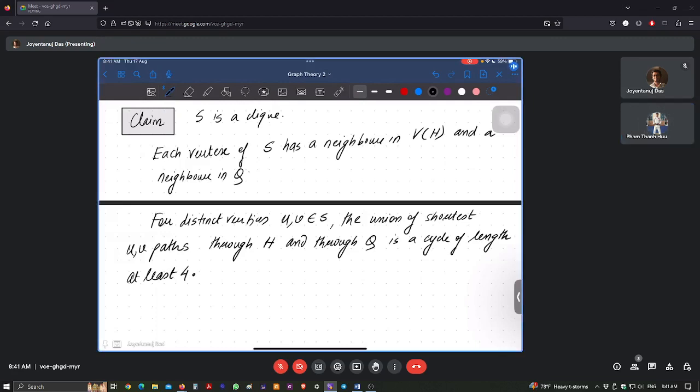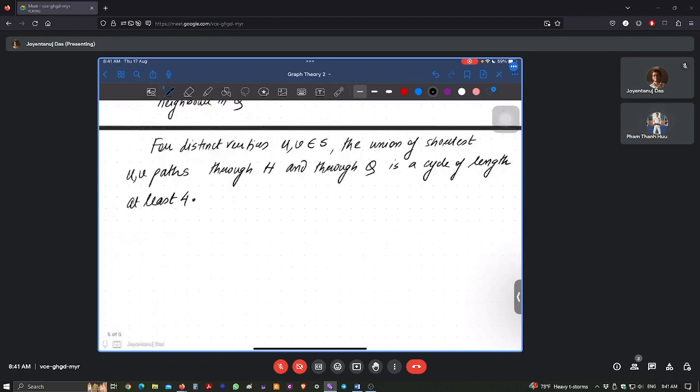Now, since there are no edges from a vertex of H to a vertex of Q, these are disjoint and there is no edge between them.